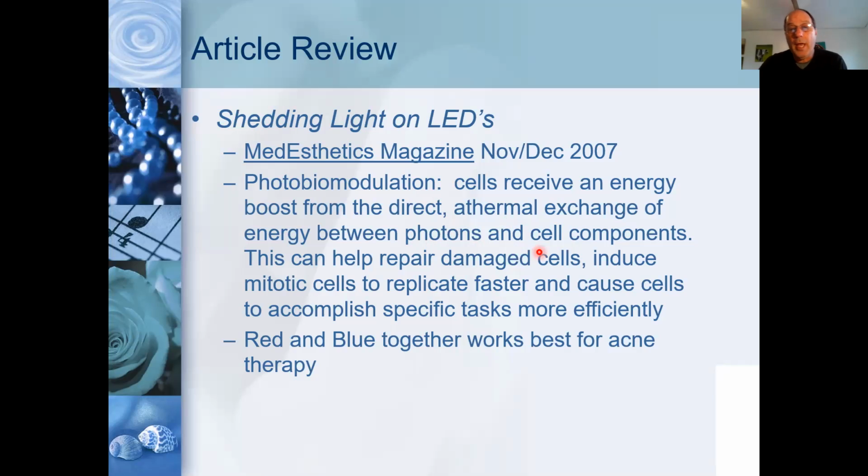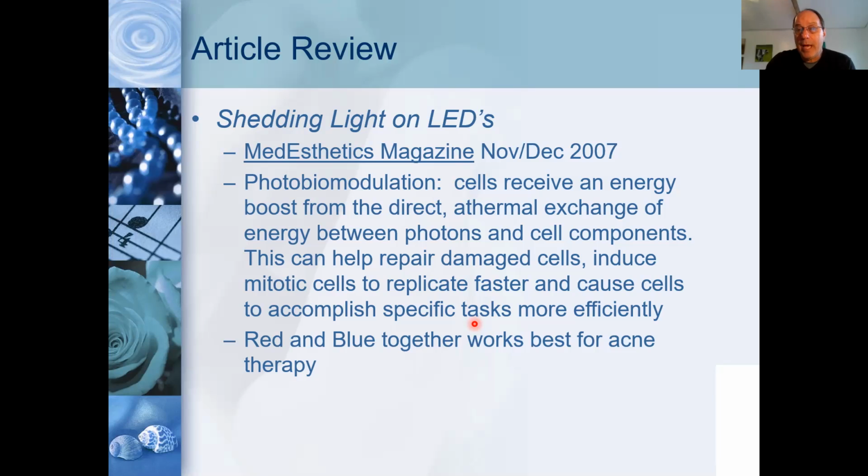So you put the light on the tissue, no heat, but you get an energy exchange between the light source and the living tissue. And when that happens, here's the NASA article that showed what happens in this situation. When this happens, the cells increase their mitosis, which means they replicate faster, and they do what they're supposed to do more efficiently.